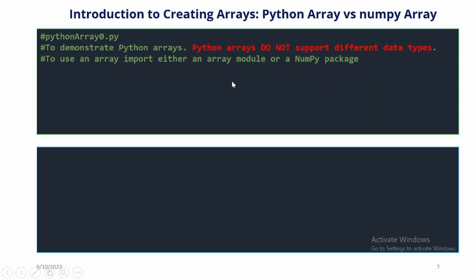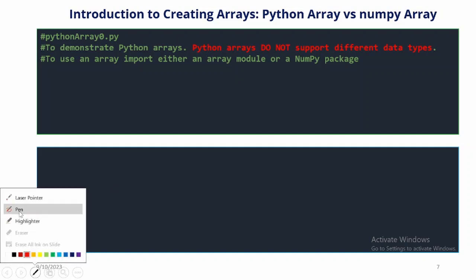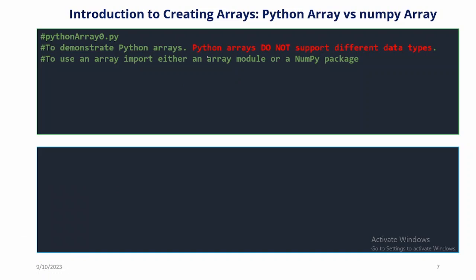So since we are using Python array here, what we are going to do is import the array module. So we say import array as ARR. This is what we call an alias for the package array. Later we will learn what this means and how to do this and build our own packages.